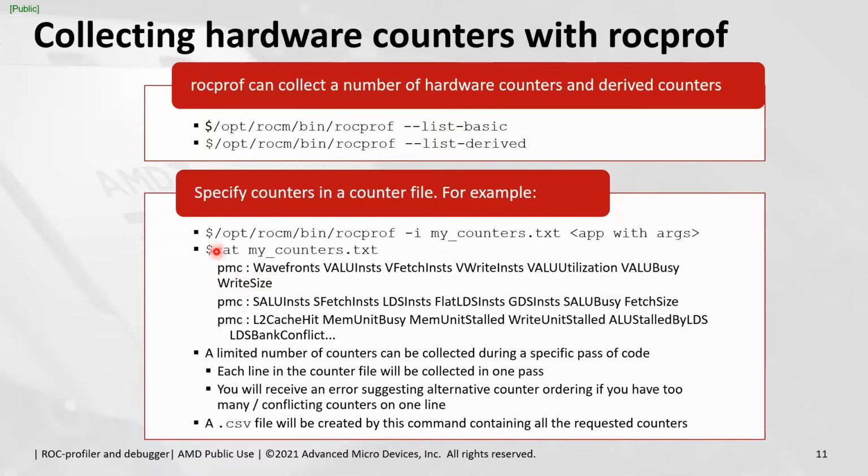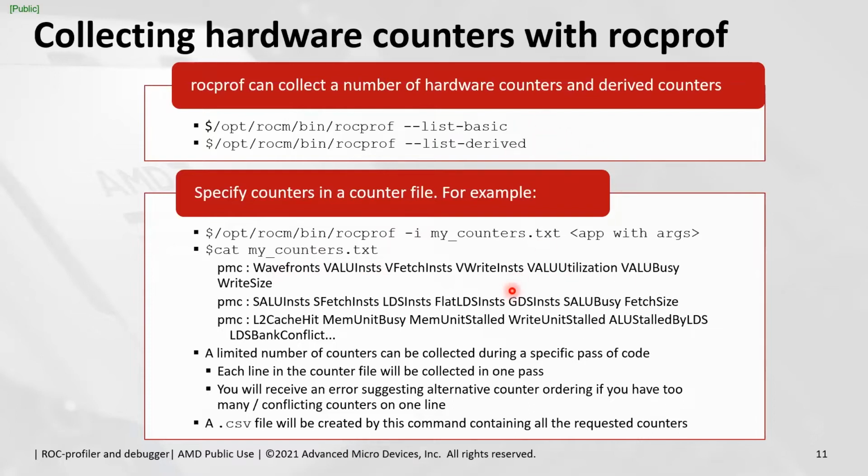So PMC is a keyword which I think stands for performance metric counters, and it's standard Linux lingo, I guess. And you can say that these are all the counters which are available inside these two lists. So you can always look that up.